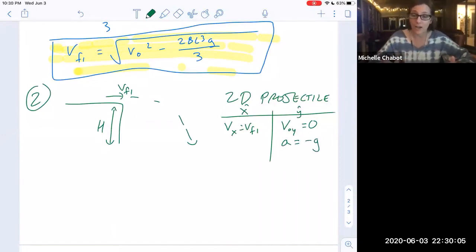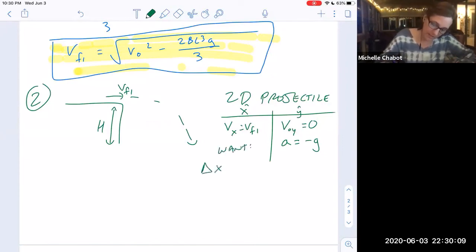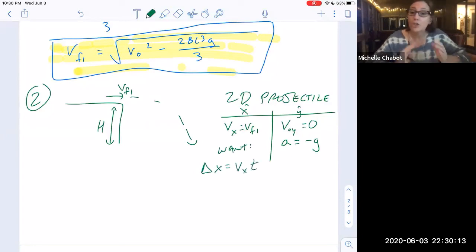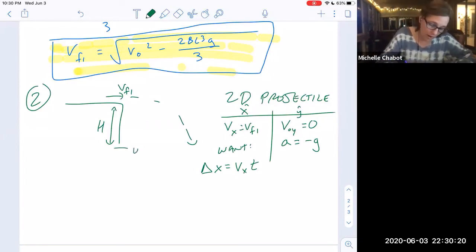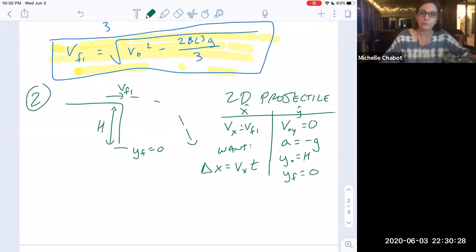In x, I don't have any. What I want is delta x, which is going to be equal to Vx times time. So I need time from the y direction. Let's call the ground y final equals 0. So y initial is equal to h, y final equals 0.